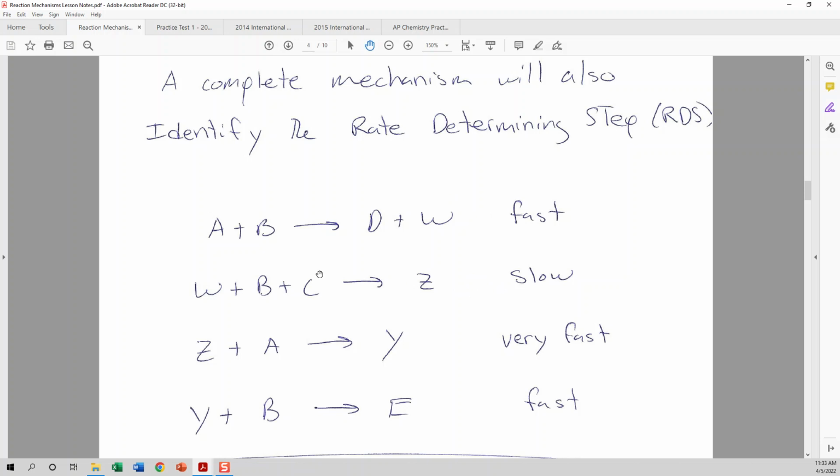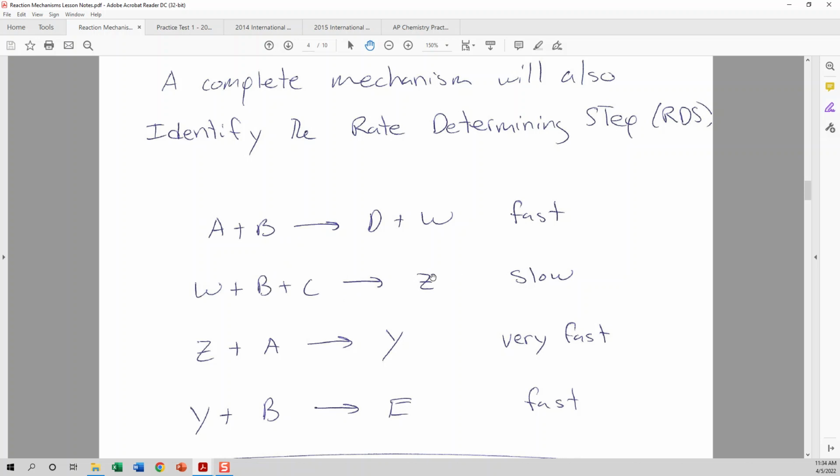So if we look at the slow step and every step above, there's one C particle and one A particle. So that's why A is first order and C is first order. They're only involved in one collision. But notice B shows up twice, so B is second order.